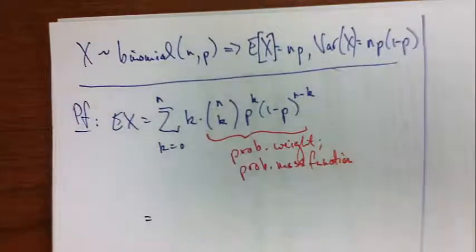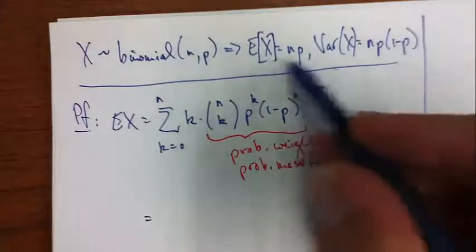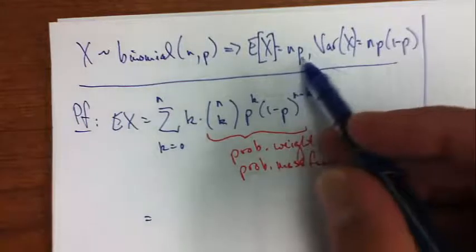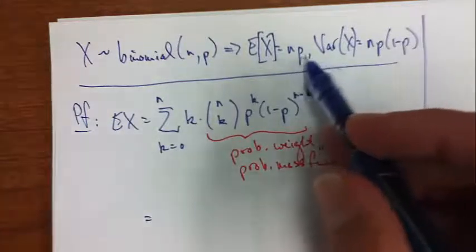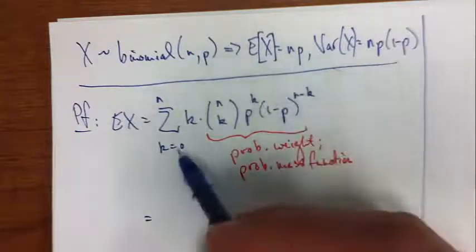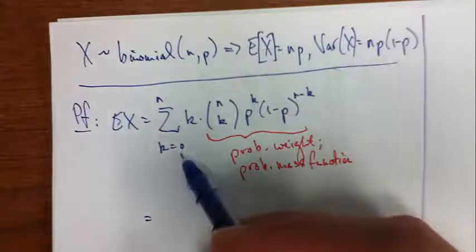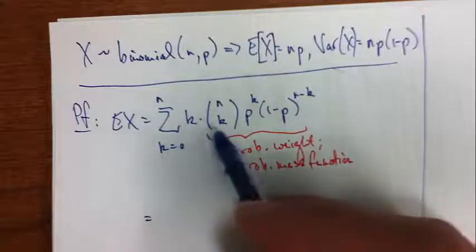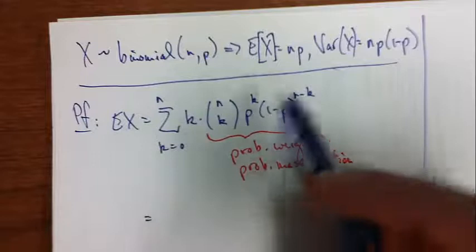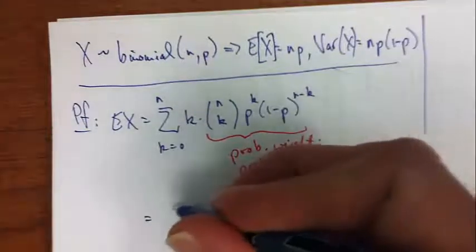I'm lucky because I know what the answer is. I know that all this stuff is supposed to simplify to be np. So the first thing I'm going to think about doing is trying to factor out an np. But before I do that, I might notice that if k is 0 in this summation, the first term is 0, because 0 times all this stuff is 0. So I don't have to start with 0.